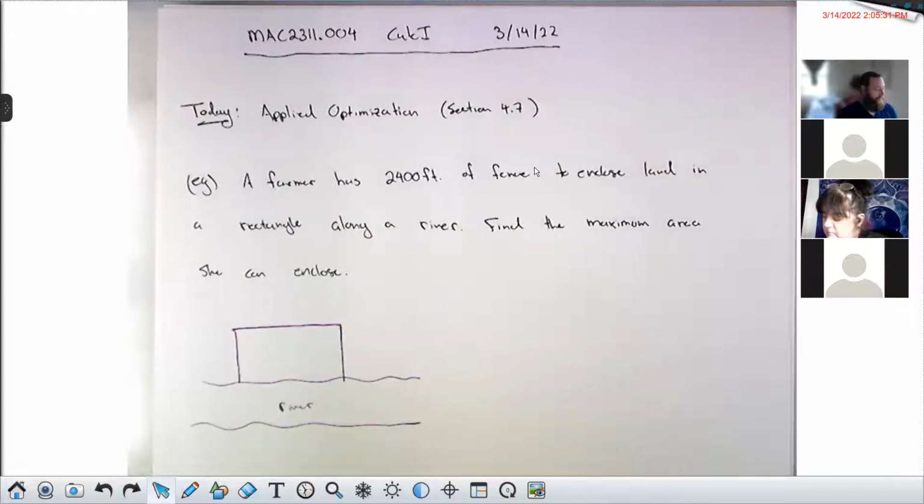It's up to us to label things with variables and to find the algebraic relationships between those variables. And we want to do this in a way that is intelligent.